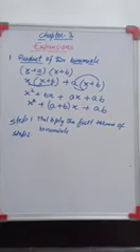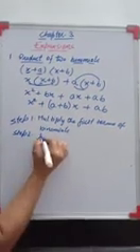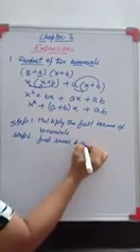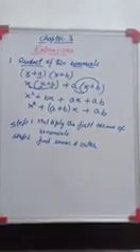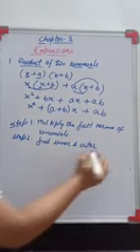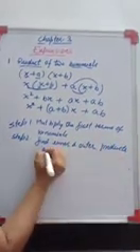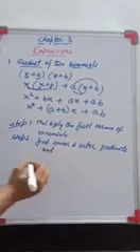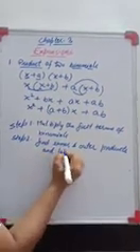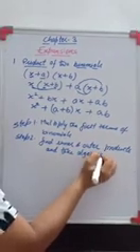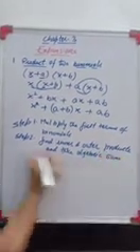Step 2 is find the inner and outer products and take the algebraic sum, right?